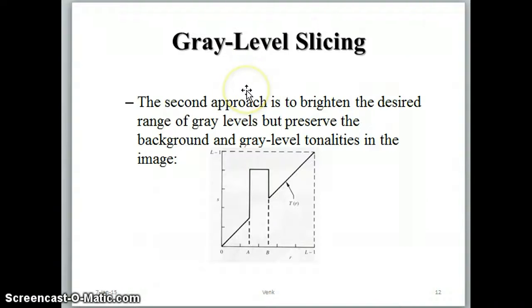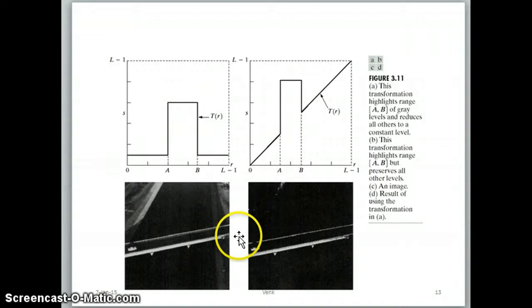Gray level slicing: a single plane or a group of gray levels will be taken at the maximum value. You can see here, this is a bridge that we will be considering, and all the unwanted information is the river place, so I should get the information about this bridge.